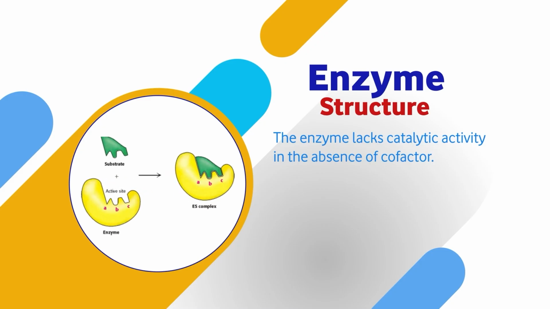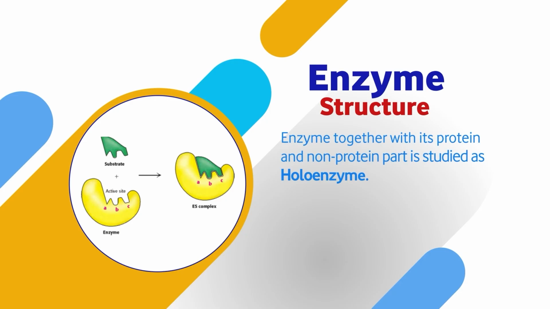The coenzyme is one example of a cofactor. The enzyme lacks catalytic activity in the absence of cofactor. If the cofactor is not there, there is simply no enzyme activity. The enzyme together with its protein and non-protein part is called holoenzyme. So first apoenzyme, cofactor, holoenzyme.